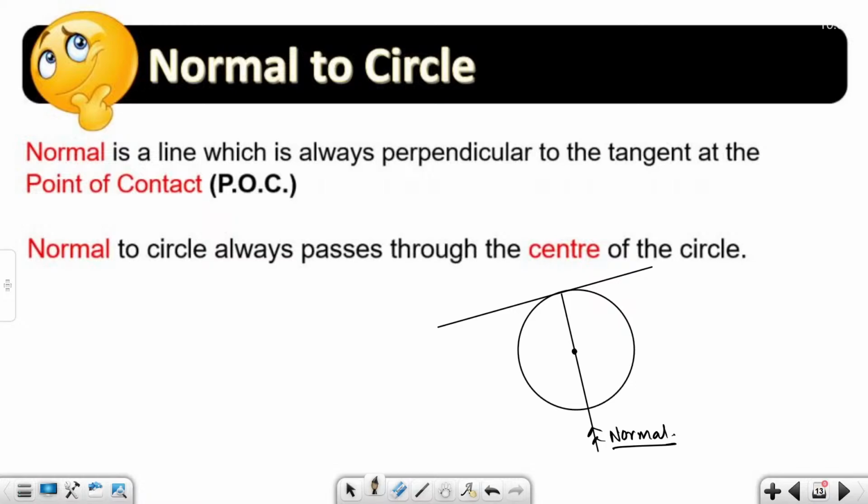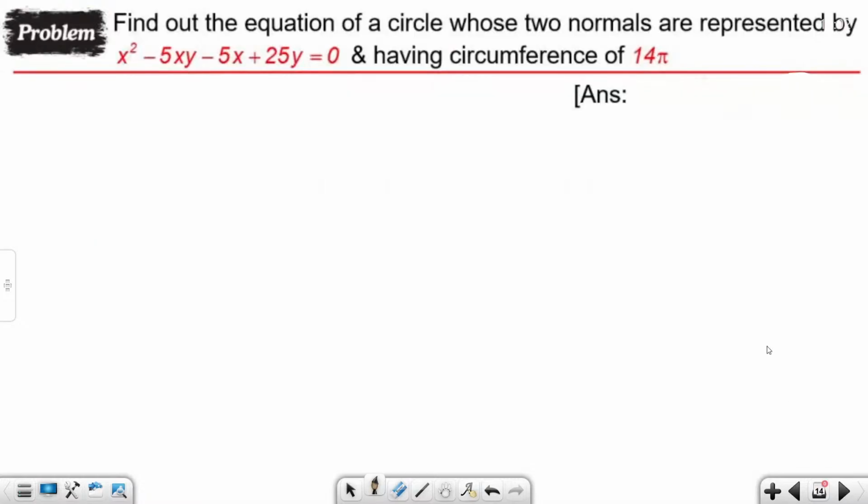Okay. So now let us take some problems based on that. See this question. The question is, find out the equation of a circle whose two normals are represented by this equation.